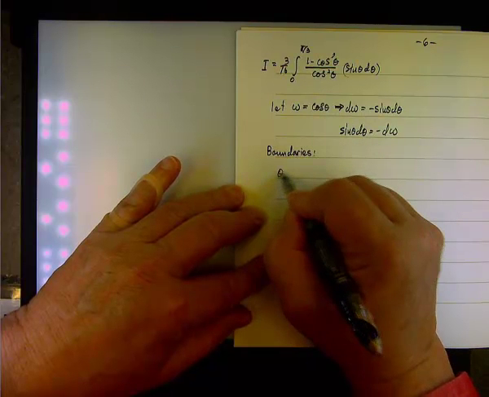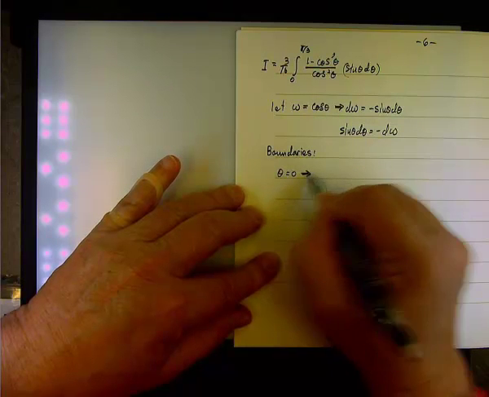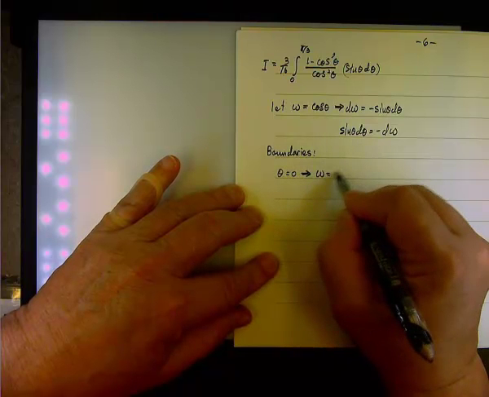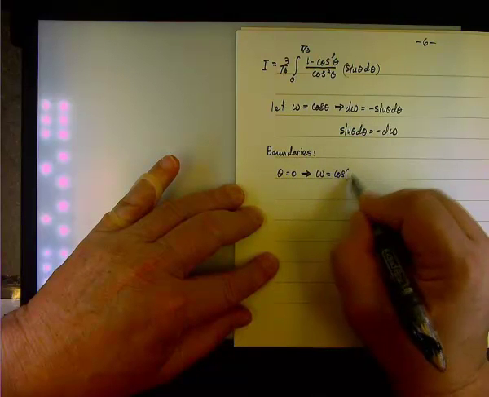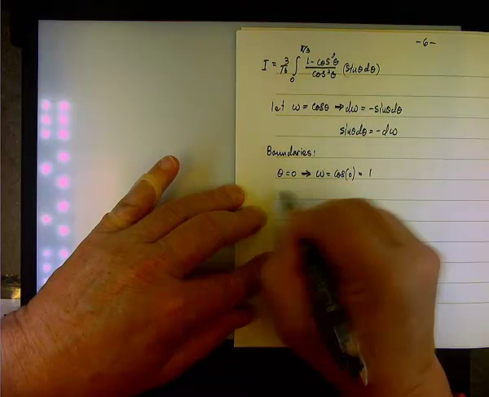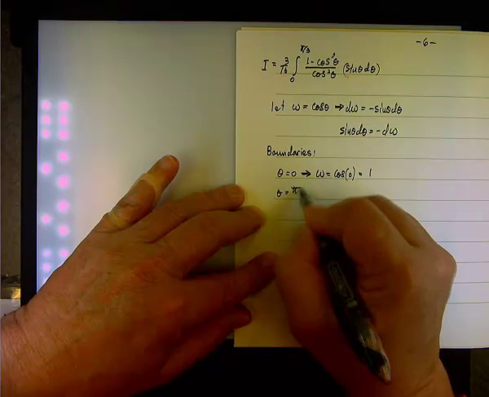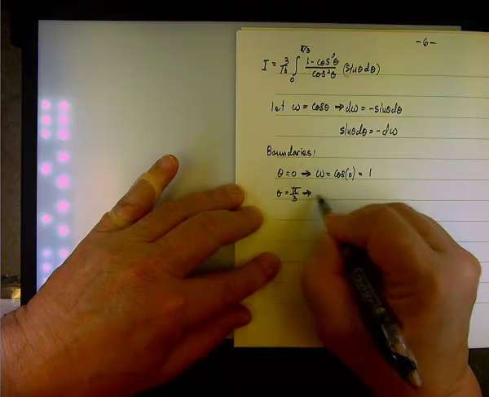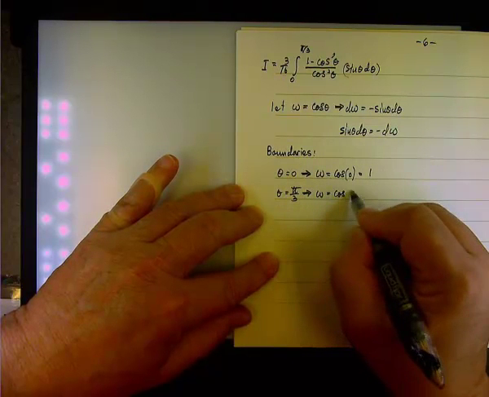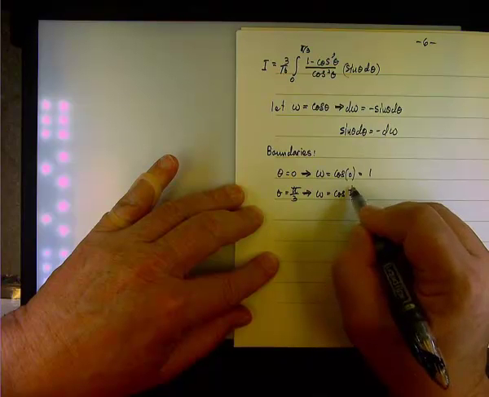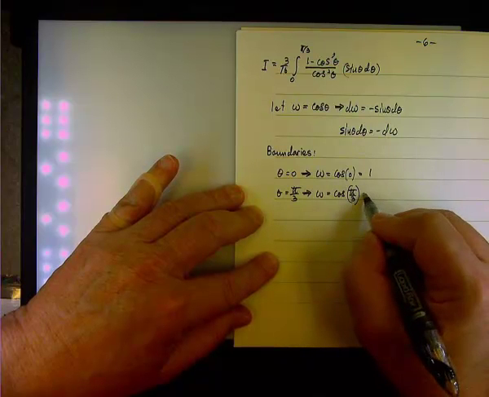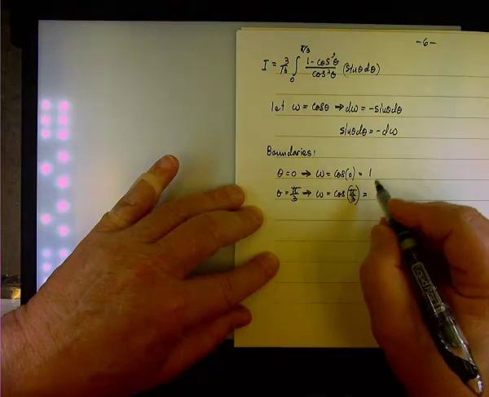When theta equals 0, then w equals cosine of 0, which equals 1. When theta equals pi over 3, then w equals cosine of pi over 3. And that would be equal to what?